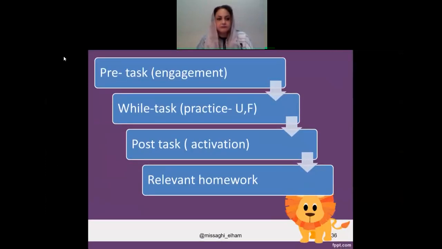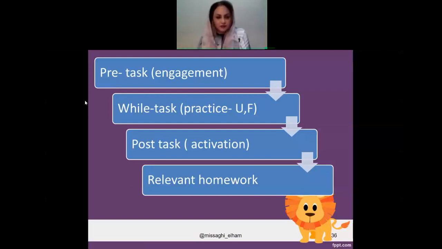Now, let's talk about the stages in process. Now, in process, when you want to start either any skills, speaking, reading, writing, or listening, even vocabulary or grammar, there are some stages. The first one is pre-task.